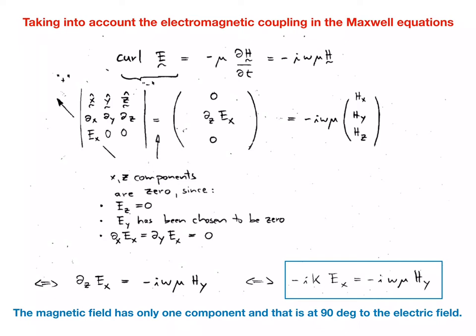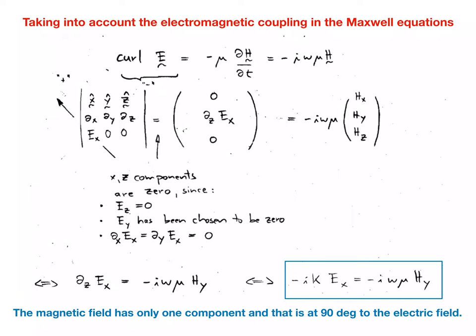This can be shown by substituting the solution for the electric field in the Maxwell equation. Since the electric field only has an x component, the respective determinant operation gives us the vector 0, dz Ex, 0. So only the y component of this curl vector is finite.